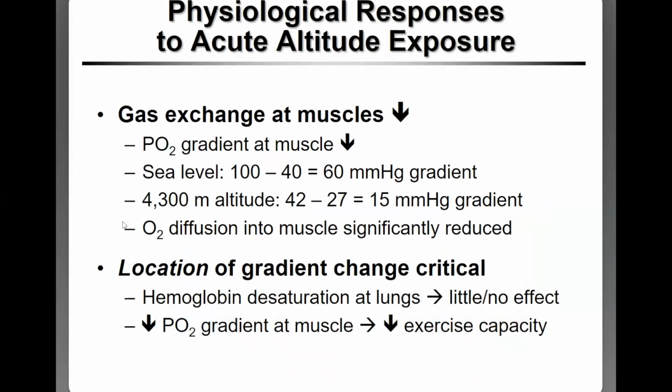So in other words, at the tissue level, less oxygen is going to be delivered to the muscles because of a reduced oxygen gradient. So combined with the other factors of a leftward shift of the oxygen dissociation curve resulting in less oxygen delivery, and combined with the reduced blood flow because we're vasoconstricted, the end product is that less oxygen is going to be delivered to the muscle.